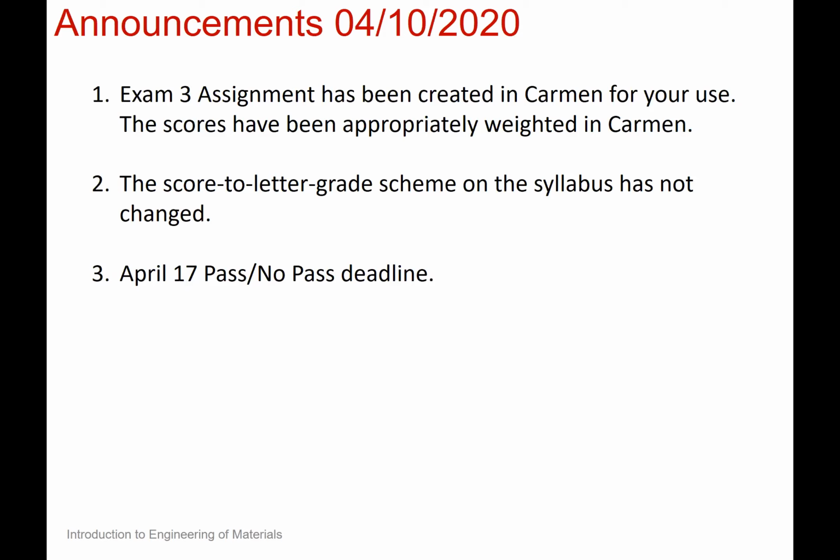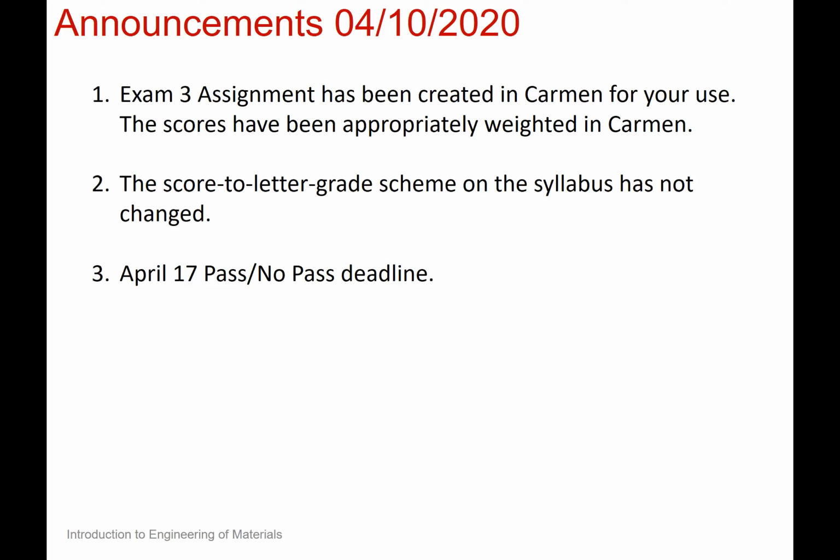The scores have also been appropriately weighted in terms of homework, exam 1, exam 2, exam 3 in Carmen. The score to letter grade scheme has also always been there, so that has not changed. That would be accurate to our score to letter grade scheme that's on the syllabus. That's also on Carmen, in case there's a question about that.